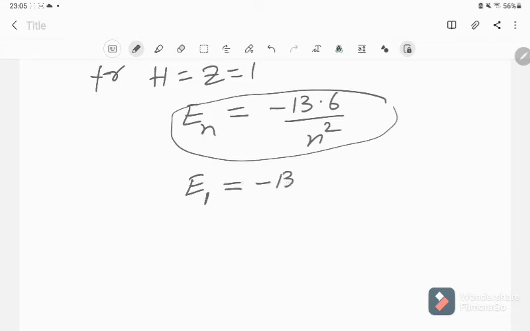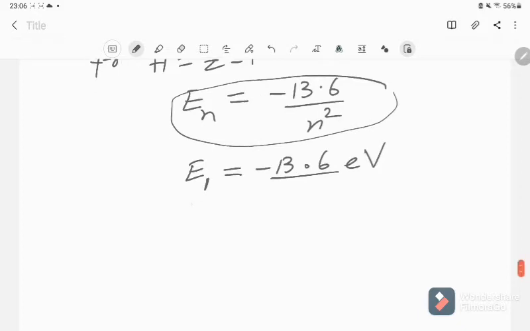E1 will be minus 13.6 by n squared, where n is 1, and 1 squared is 1, so this is the energy in electron volts for the first orbit.